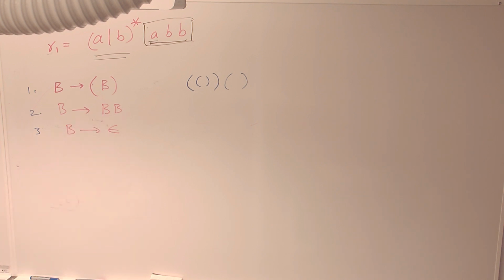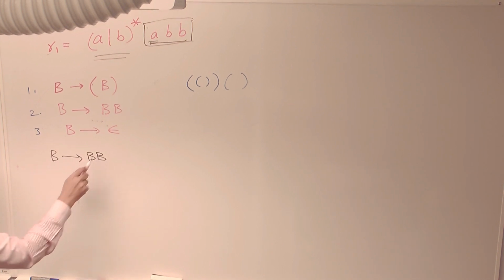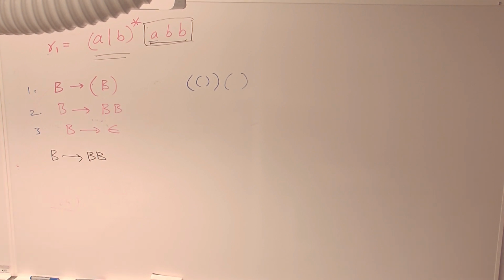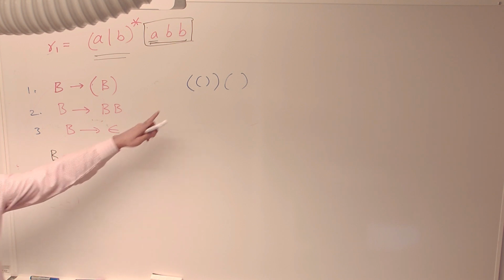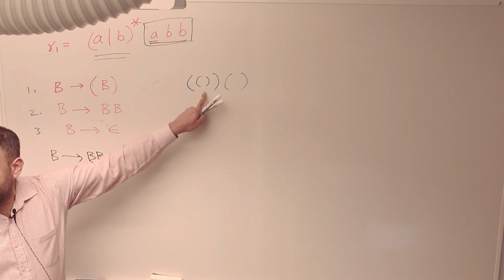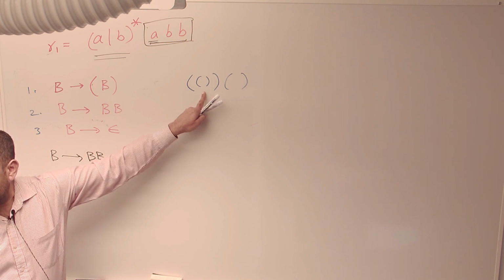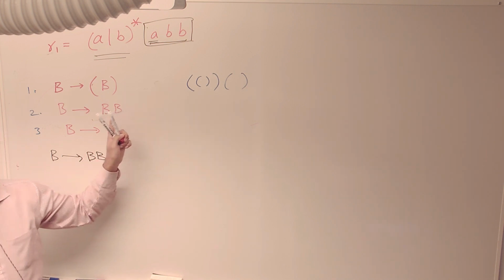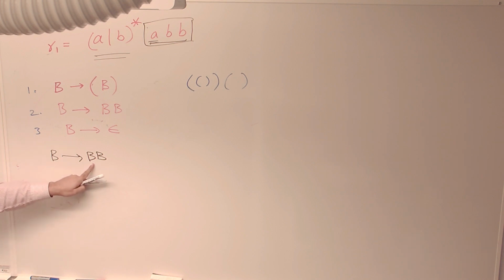If I take rule number 2, the rule number 2 says BB. Okay. So now what I am doing is I am taking a grammar and I am deriving this sequence of parentheses or strings from this grammar. I take this rule number 2 and I write BB.